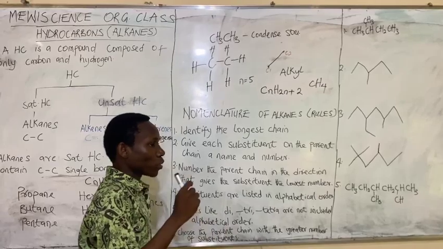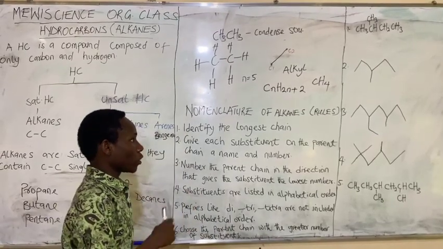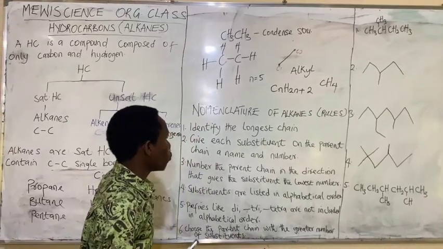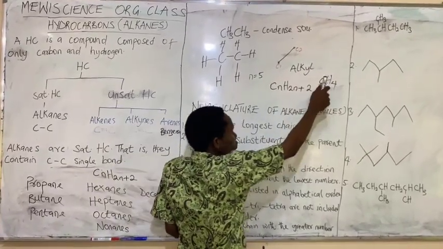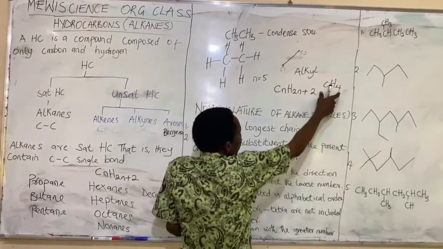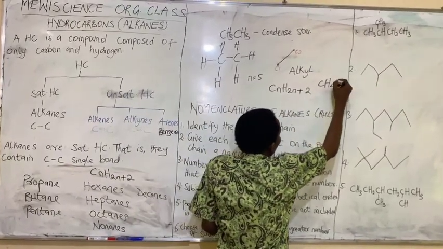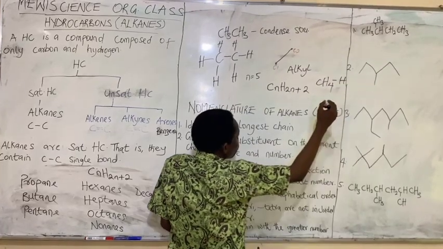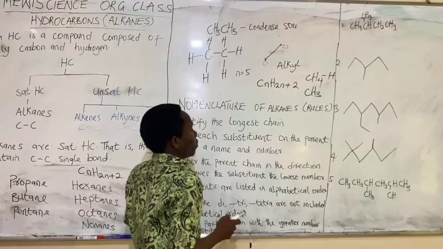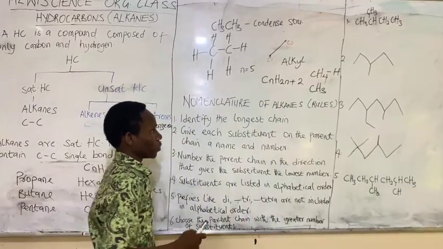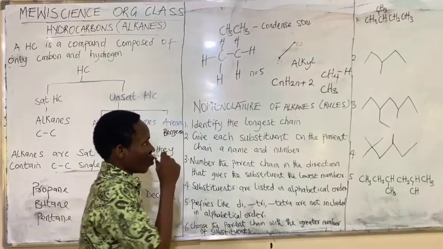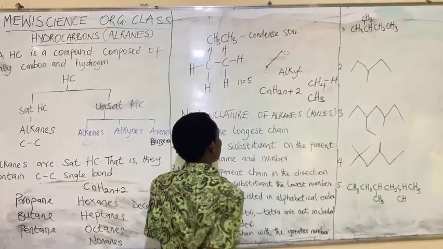So when you subtract one hydrogen from an alkane, you get the alkyl group. For example, if we have CH4, methane, and then you remove one hydrogen from methane, we'll be left with CH3. This CH3 is the methyl group, an example of the alkyl group.